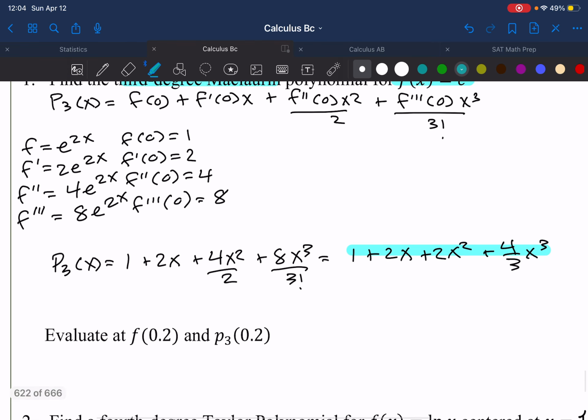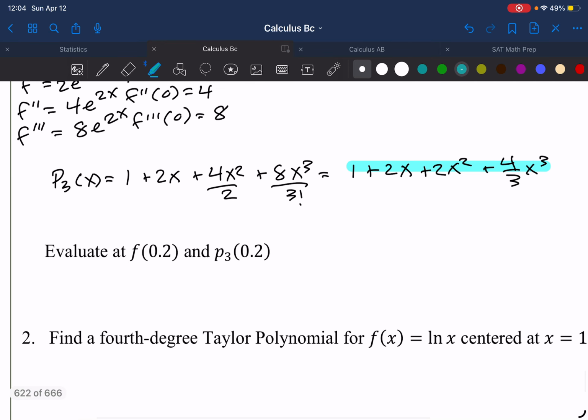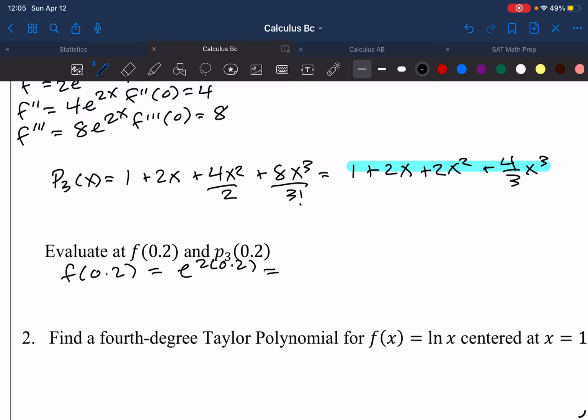Okay, now it says evaluate f of 0.2 and p sub 3 of 0.2. So we're going to see how close our approximation is. And for this, I would just plug this into the calculator. So f of 0.2, which means this is e to the power of 2 times 0.2, which is 1.4918.